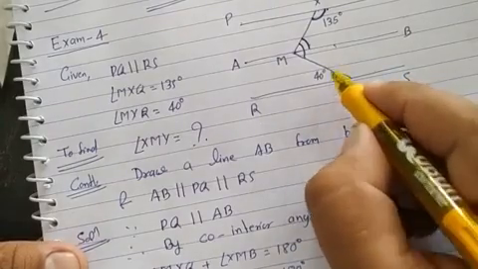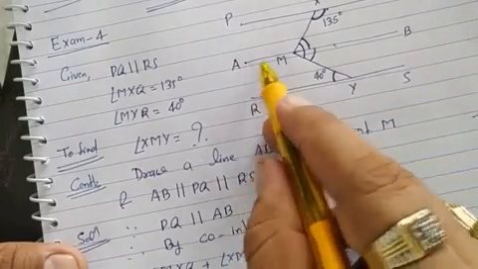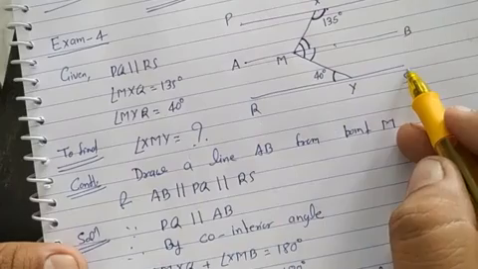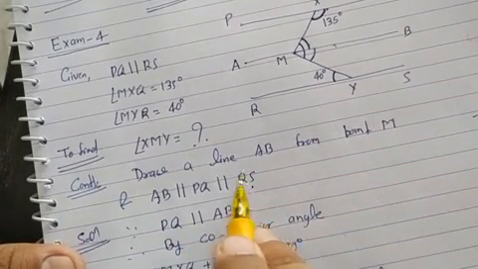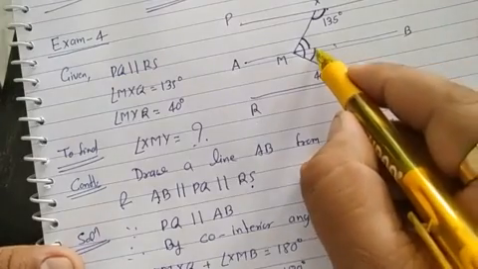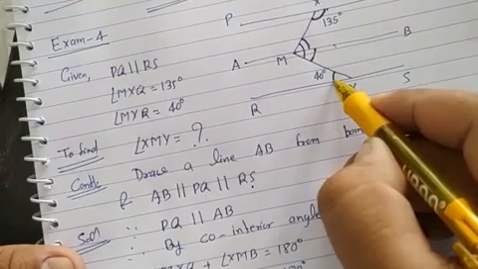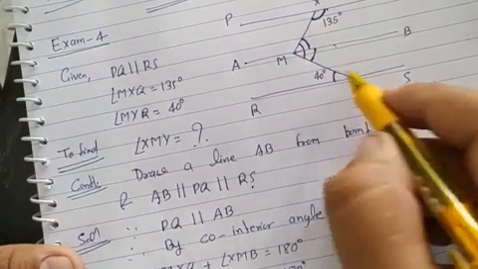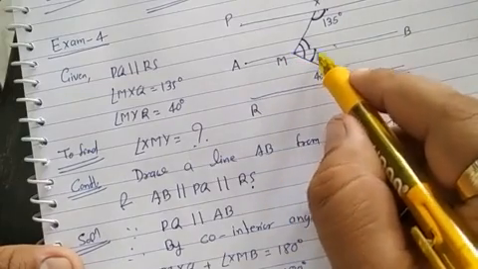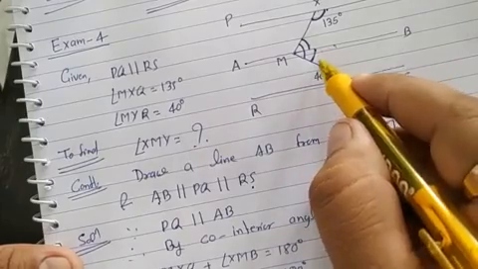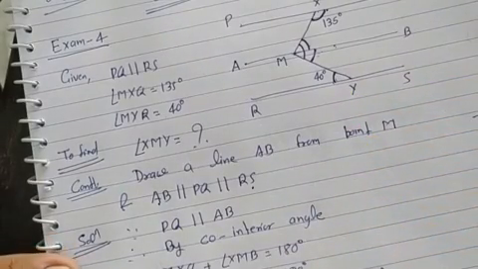Okay. Now the second thing, this angle and this angle. Here AB is parallel to RS. By construction, AB is parallel to RS, and of this angle and this angle, one angle is on this side of the transversal and the other angle is on that side of the transversal, and both are interior, so it is an alternate interior angle.